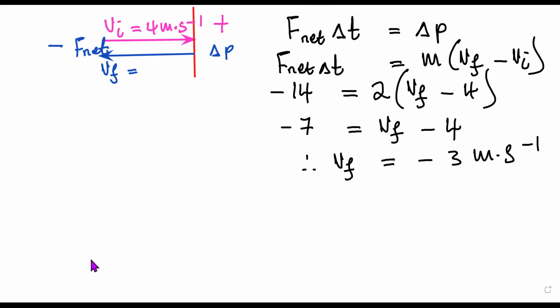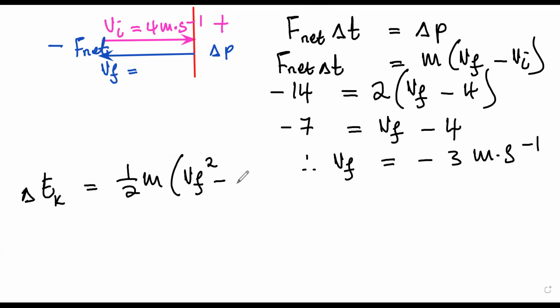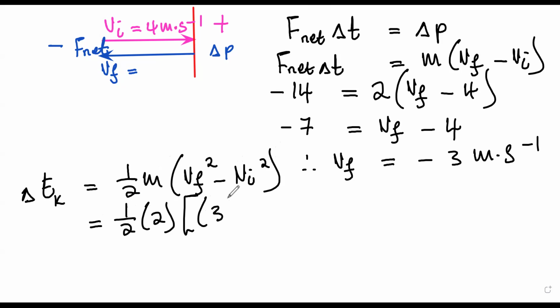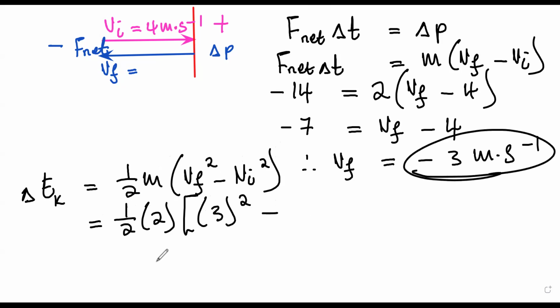The question is looking for a change in kinetic energy. So now we can come and say, well, the change in kinetic energy is 1/2 m, the final velocity squared, minus the initial velocity squared. Now, this is the most important thing. Even though we can see that the final velocity is negative, you are not going to substitute negative 3 there.